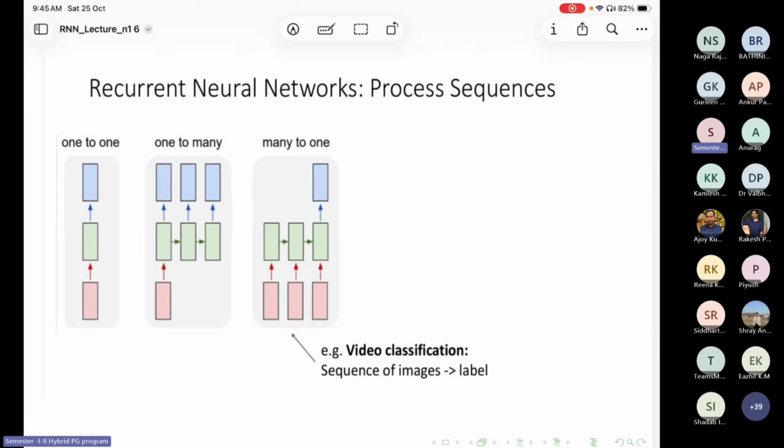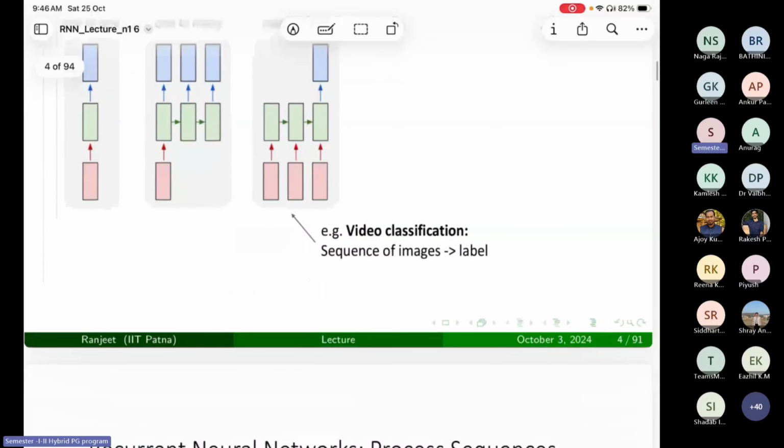Your model has to see all those images and then take the decision about the class. So it has to capture the sequential information from all those images and then give the label. This problem is called many to one, because we have many inputs, many images, and the output is one.